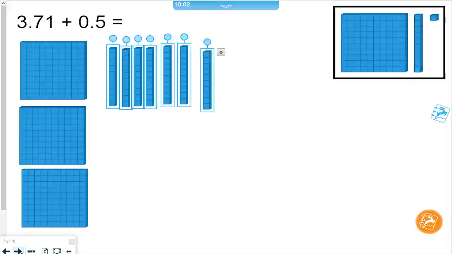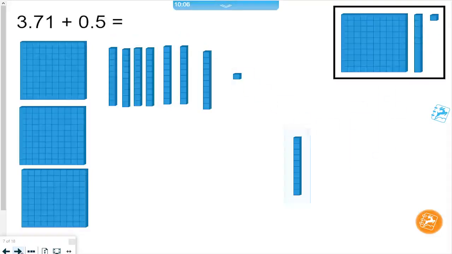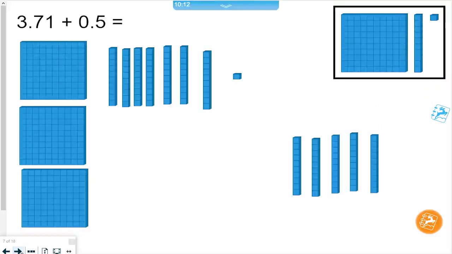And then I have 1. Now for my second one, I only have 1, 2, 3, 4, 5. Okay, so I don't have enough hundredths to convert up to a bigger one, but I do have 1, 2, 3, 4, 5, 6, 7, 8, 9, 10, 11, 12. So let's move these over here.